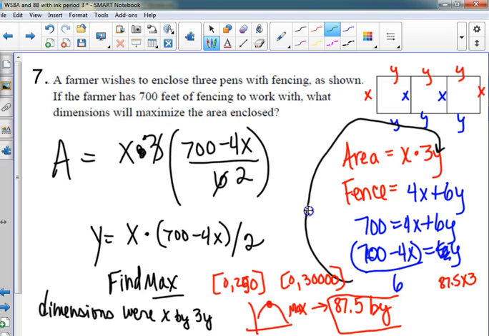I think we should have just assumed it was 3 squares. What do you think? Divided by 6. Did anybody get 58.3? But that's only one of them, right? Then you got to multiply that by 3.